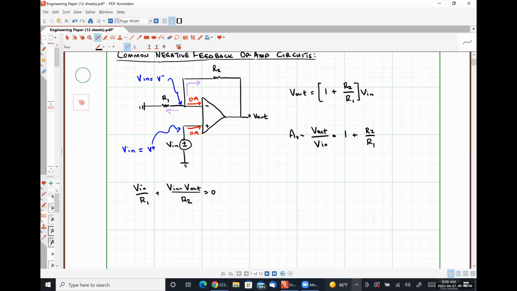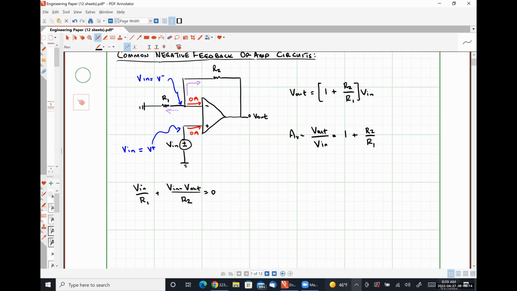So if we wanted a voltage gain of 3, like I have achieved with the amplifier circuit that I constructed over in the corner there, that just means that R2 needs to be twice as large as R1, because I would have 1 plus 2 over 1 is 3. So that's how you get a voltage gain of 3. If you want a voltage gain of 7, then R2 just needs to be 6 times larger than R1, etc.